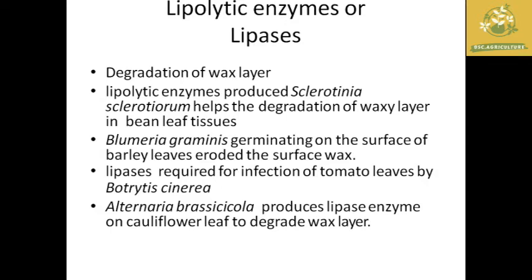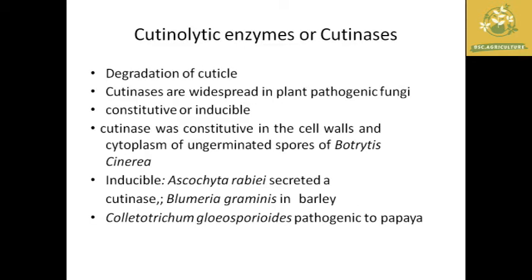An example is Blumeria graminis, which germinates on the surface of barley and erodes the surface wax of the barley leaves. These are some of the pathogens which erode the wax surface on the leaves. After that I am going to tell you about the cutinolytic enzyme or cutinase.